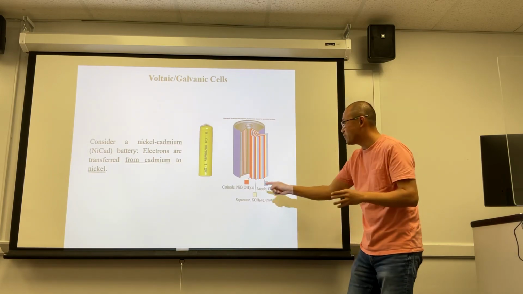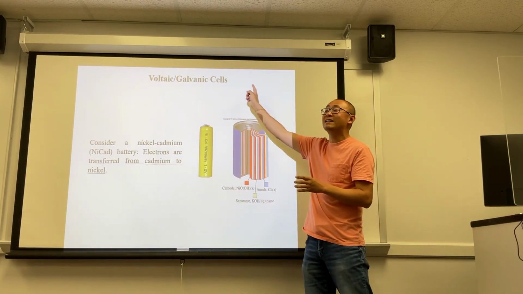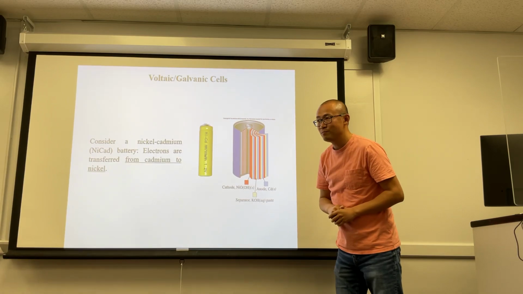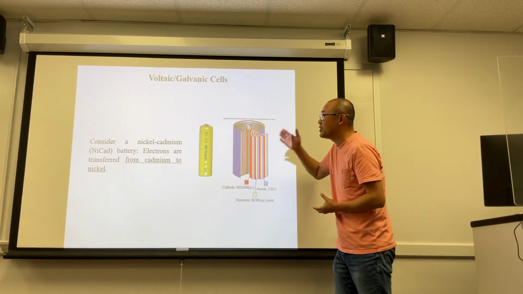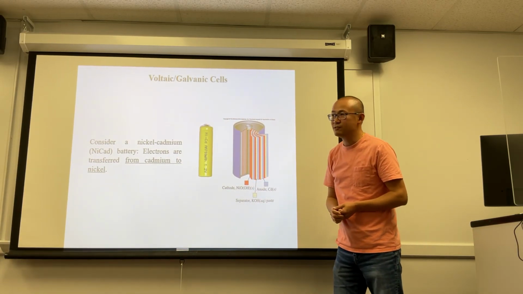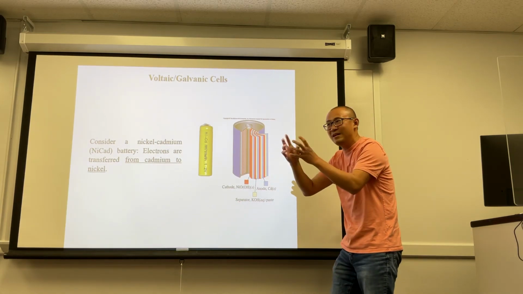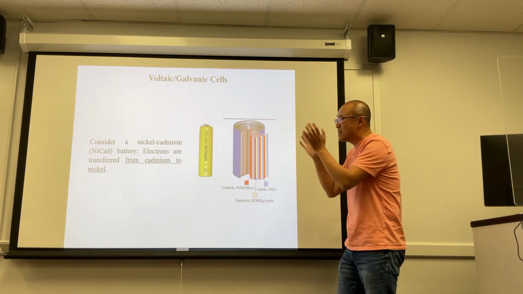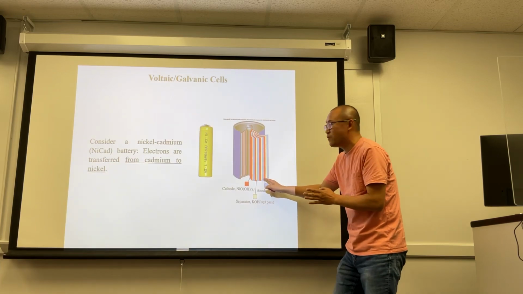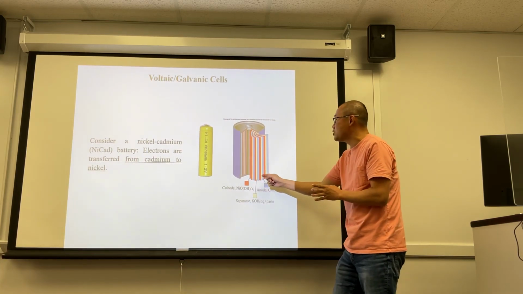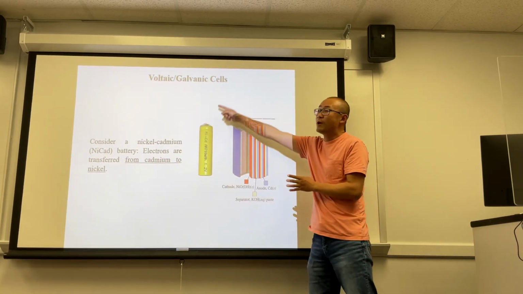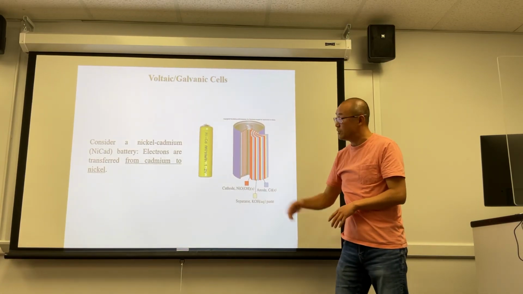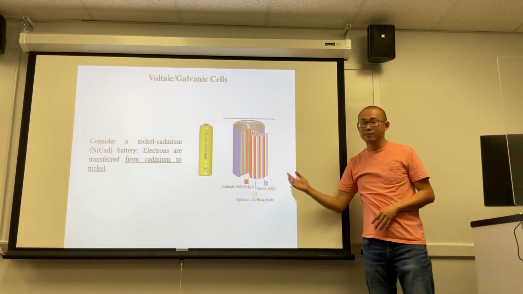We want the transfer to go through the external circuit, because we want to utilize the electricity. We don't want the reaction to happen like in the flask. We want the transfer not directly between them, but all the way through a wire, which we're going to see in a few minutes as well.